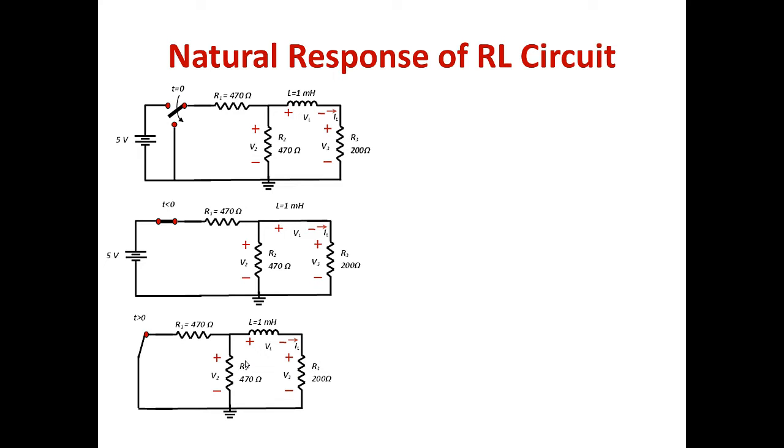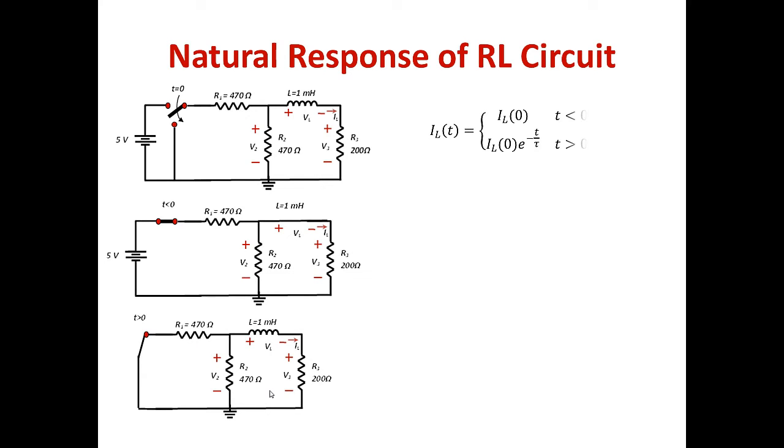It will take some time for the energy stored in the coil to be dissipated. The beauty of the circuit is that once you remove the source, you have one equivalent resistance across the inductor, and this circuit after switching is governed by a first order differential equation.